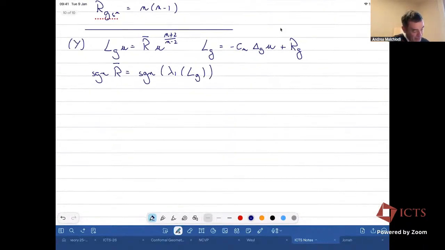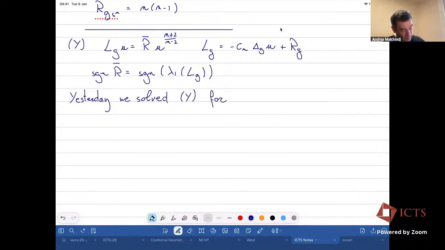So yesterday we solved the case lambda 1 of Lg less or equal to 0.